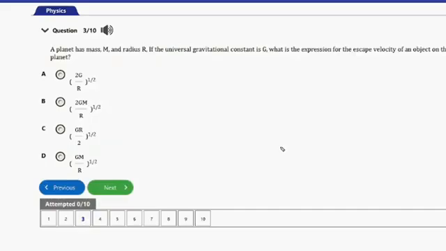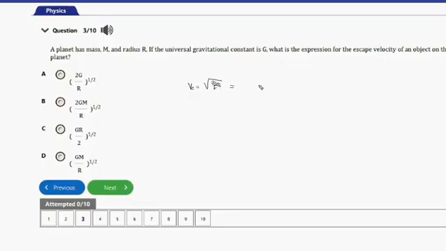The next question says, a planet has mass m and radius r. If the universal gravitational constant is G, what is the expression for the escape velocity of an object on the planet? This is just as simple as this. The escape velocity v sub e is going to be the square root of 2GM over r.